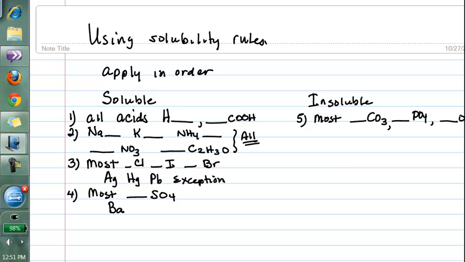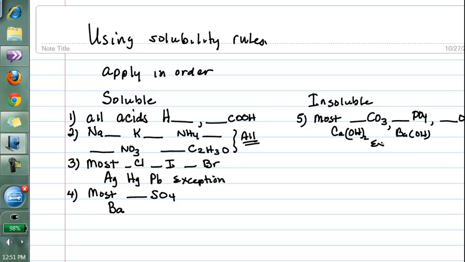Now, the exceptions to this are primarily the exceptions that you would have already come across. For example, if it's sodium carbonate, rule number 2 tells you it's soluble. So when you get past the soluble rules and get to this, if you see a carbonate, it means it's not soluble. A couple of exceptions are calcium hydroxide and barium hydroxide, which are soluble.